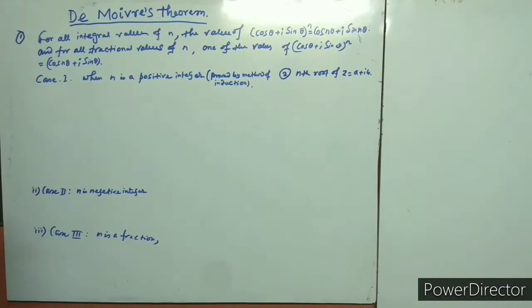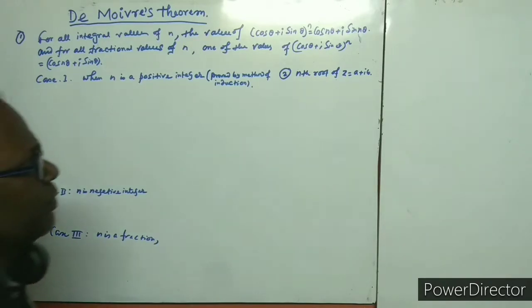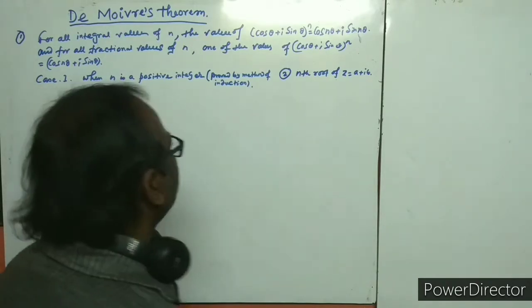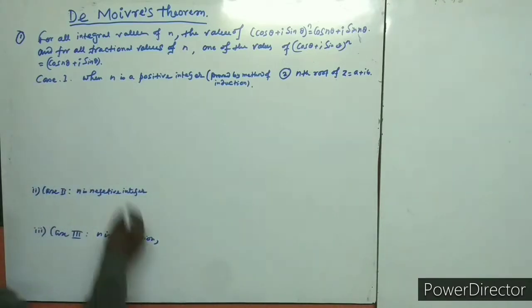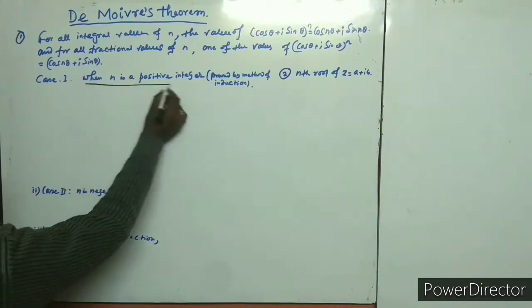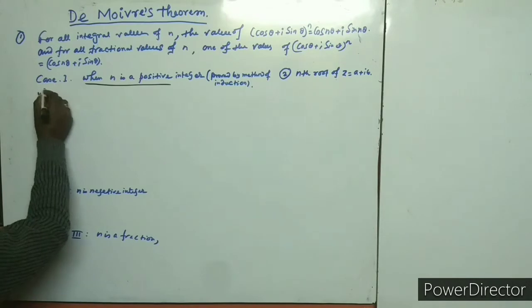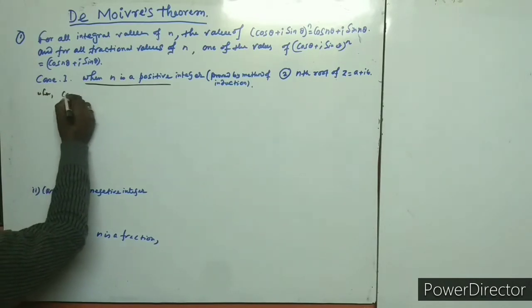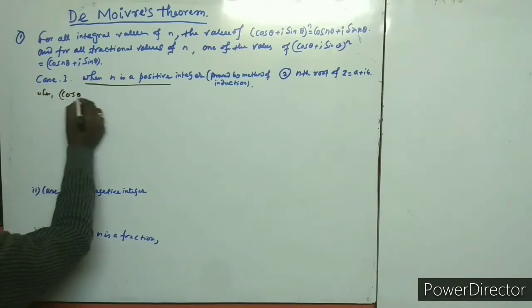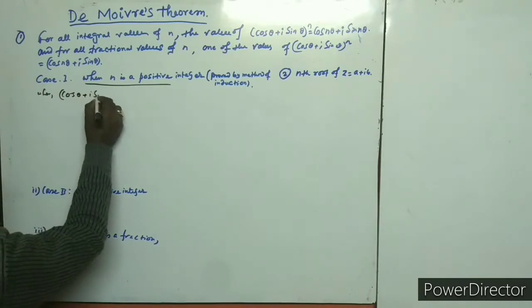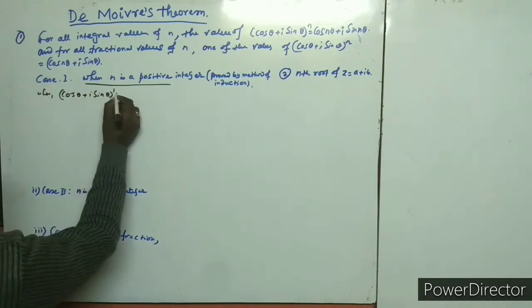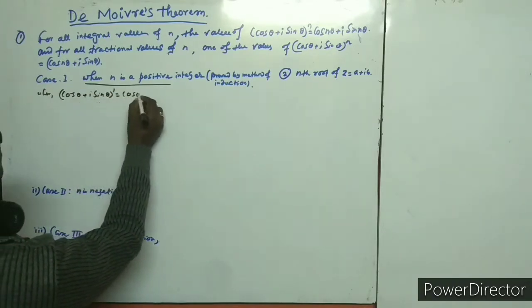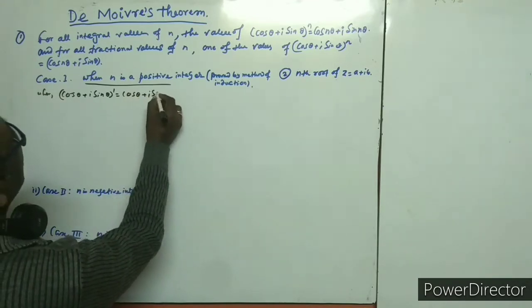Now first we want to prove this theorem by the method of induction. Case number 1, when n is a positive integer. When (cos theta plus i sin theta) to the power 1, that is equal to cos theta plus i sin theta.